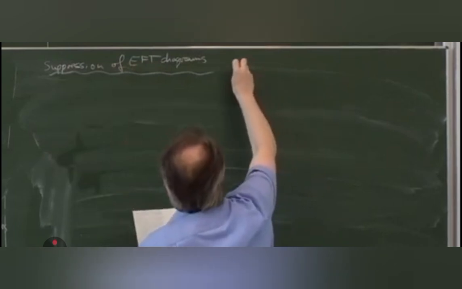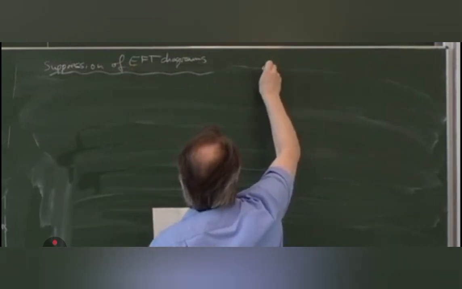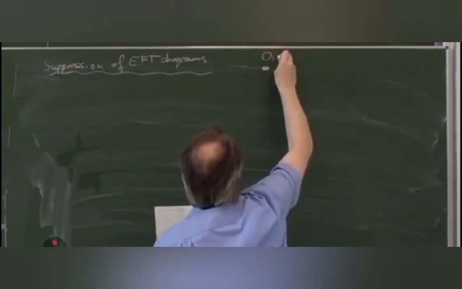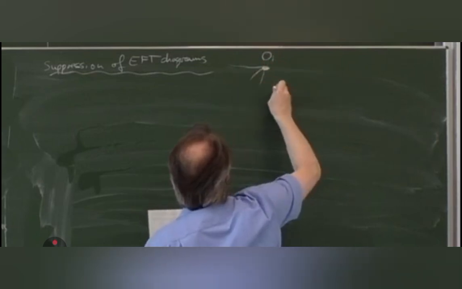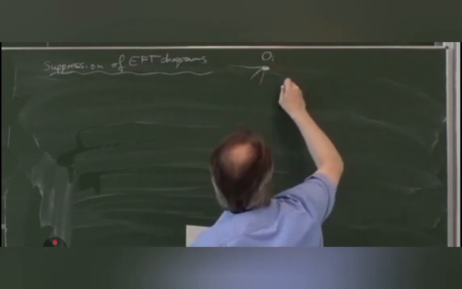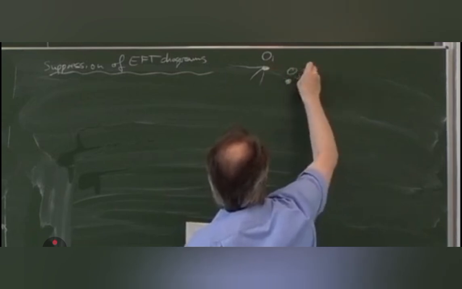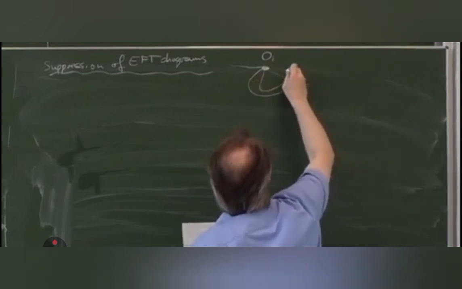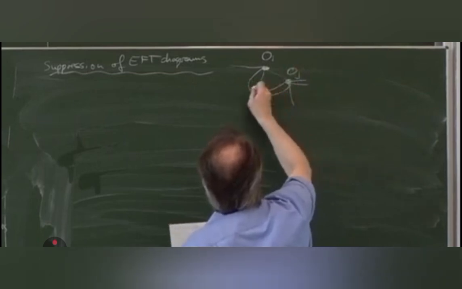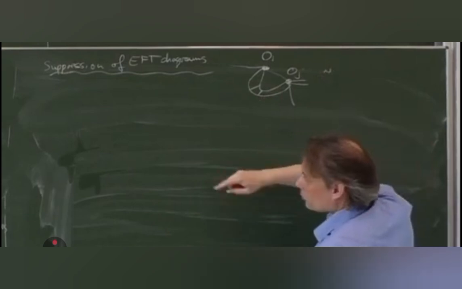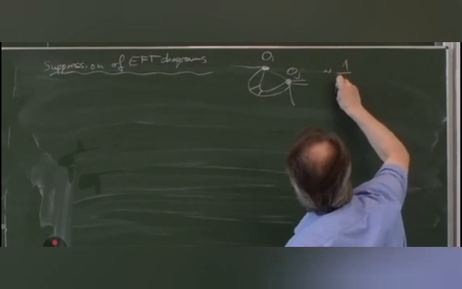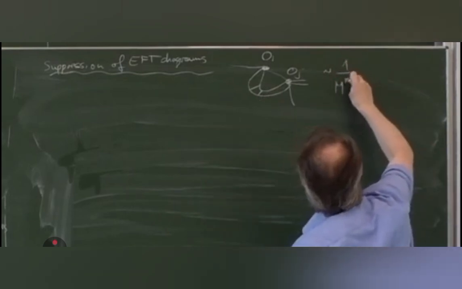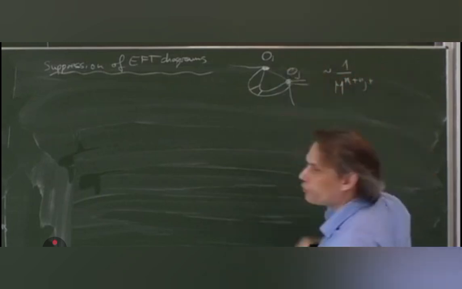Namely, if you have a diagram with, let's say, several operators, here you have some operator OI which couples to a few light lines. Here you have some operator OJ which couples to a few light lines, and so on. Maybe some light vertices as well. Then this diagram is suppressed automatically like 1 over the mass to the power ni plus nj, and so on if you have further operators.